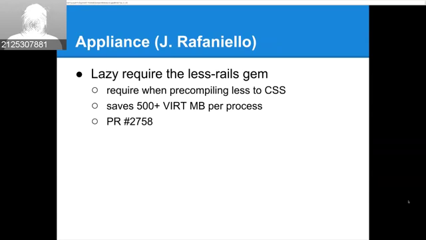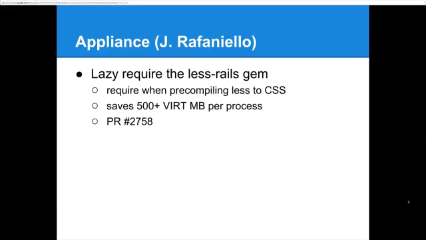We found that just doing that was loading over 500 megs of virtual memory per process. It turned out we didn't need less-rails on our workers. We only needed it when precompiling less to CSS. By doing a lazy require and loading it only when we needed it, we could save about 500 megs of virtual memory. That was done in this sprint. Next.